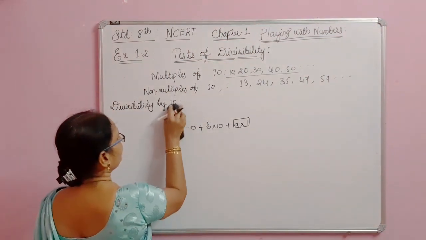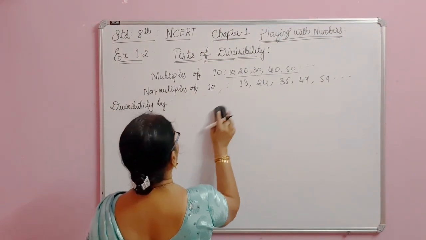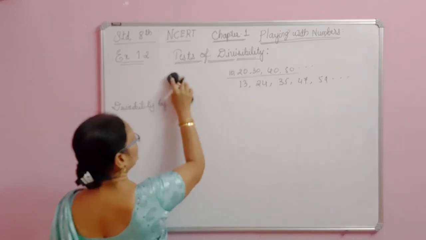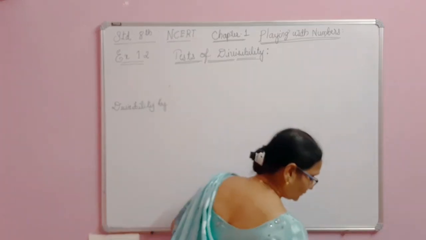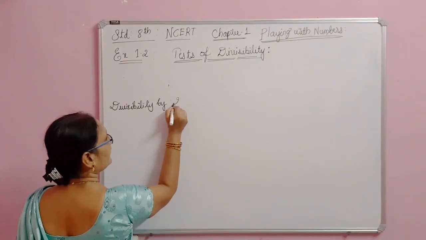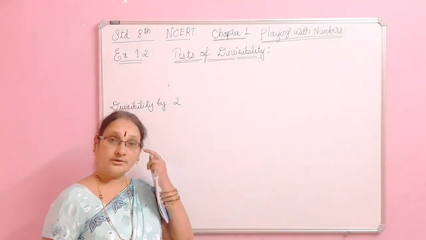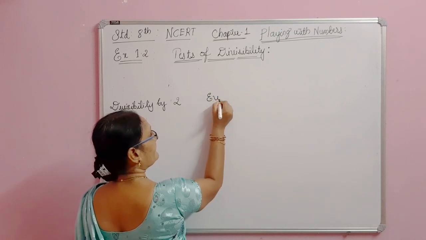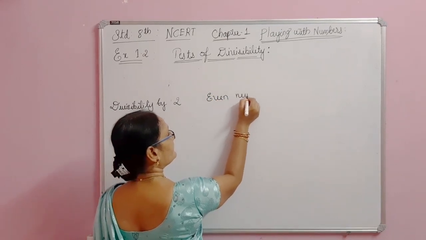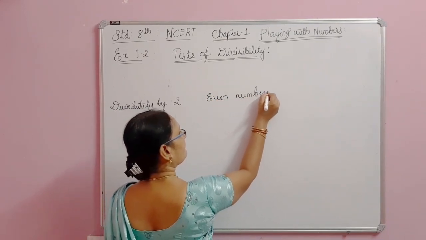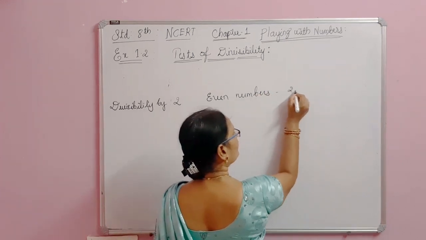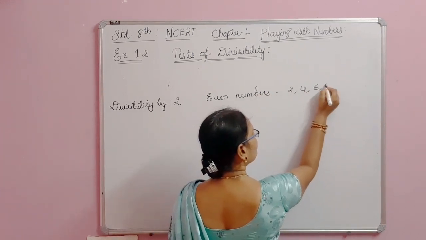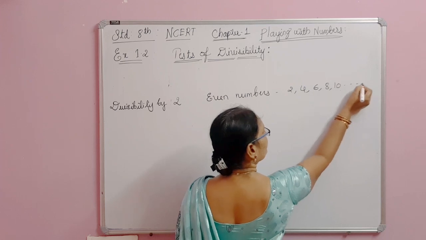Then next we will see divisibility by 2. You know the even numbers. Which are the even numbers? 2, 4, 6, 8, 10 and so on.